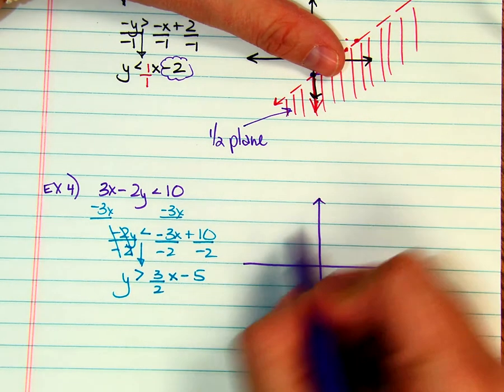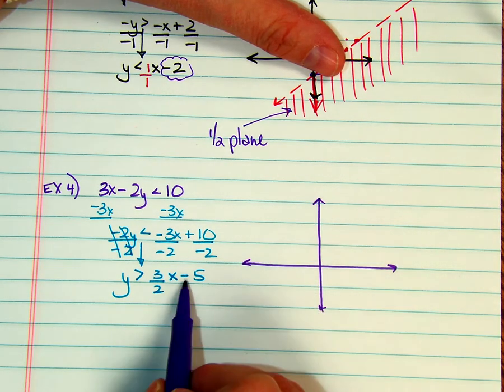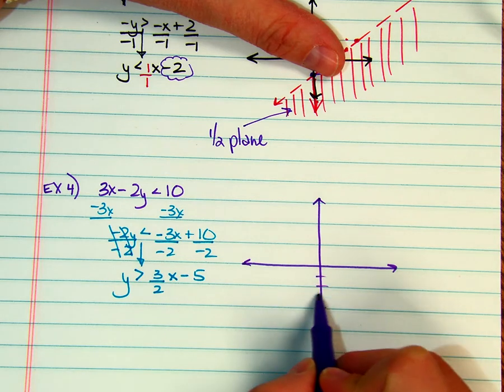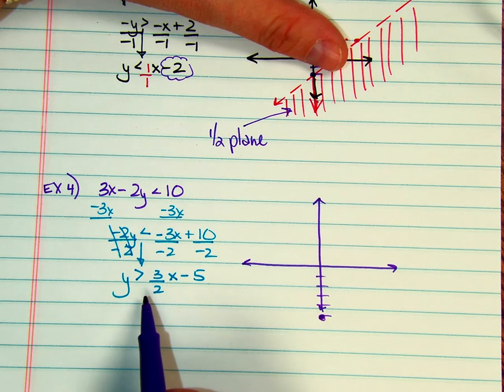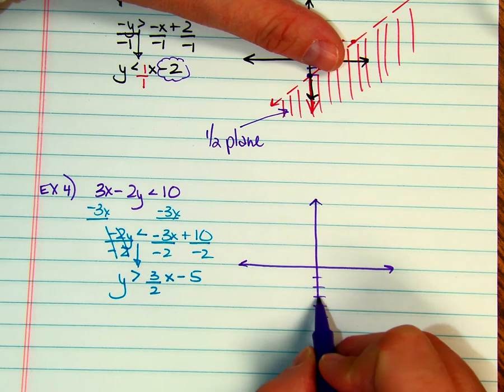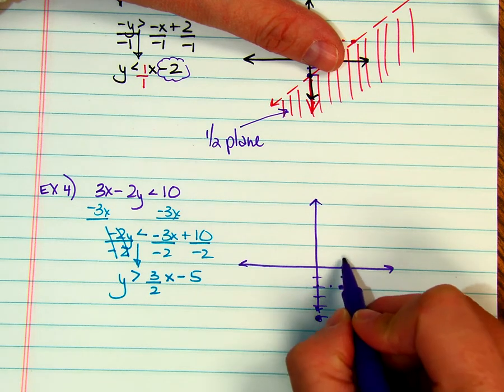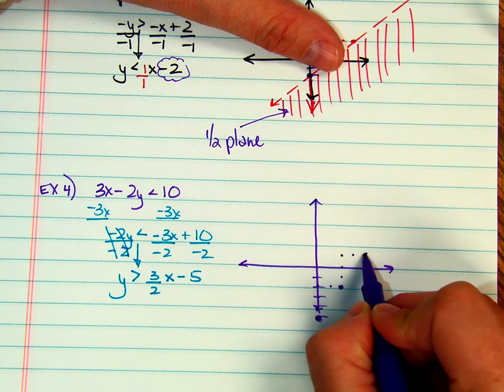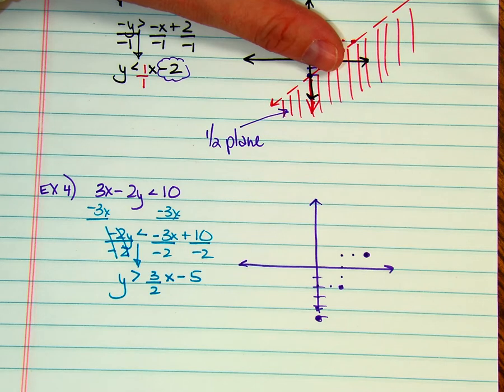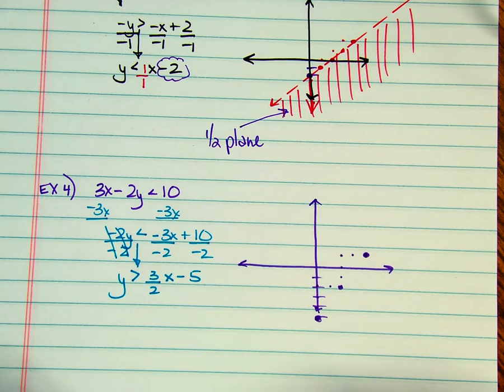So my y-intercept is at 0, negative 5. Slope of 3 halves, it's a positive slope, so that means up 3, to the right 2. I'll do that again. Up 3, and to the right 2. I'm going to look and see if my line's dotted or solid.